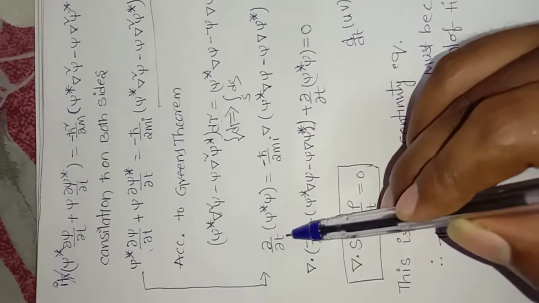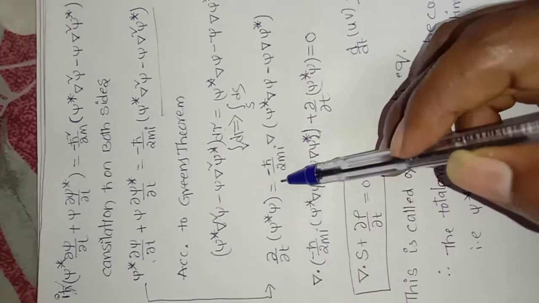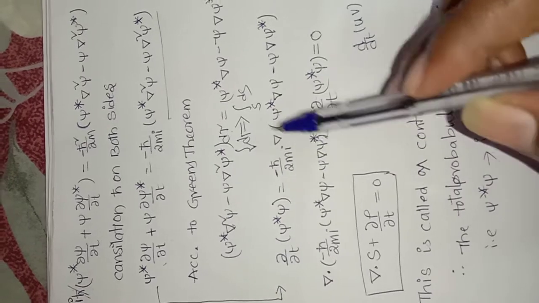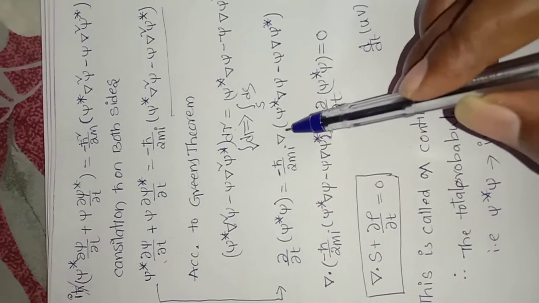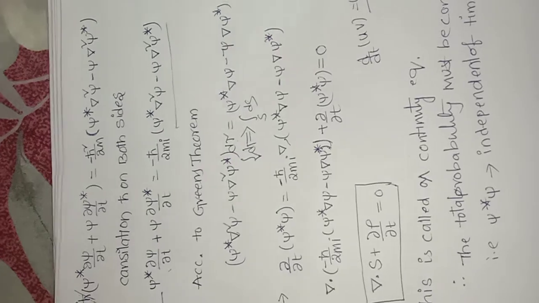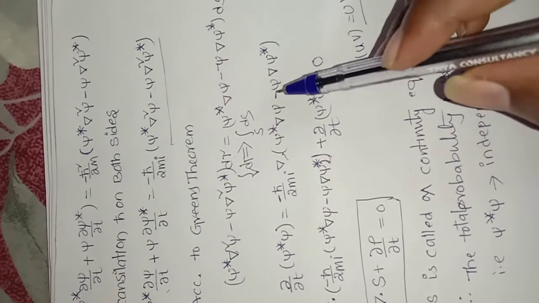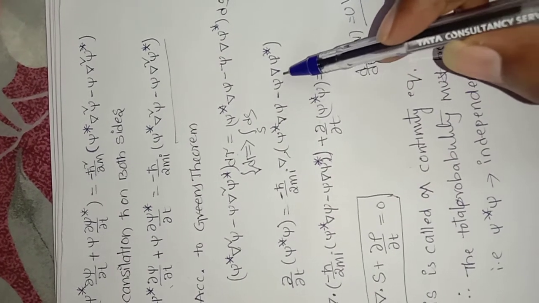As you all know, d by dt of uv is u v dash plus v u dash. So we can write dou by dou t of psi star psi equals minus h cross by 2mi, del dot, psi star del psi minus psi del psi star.